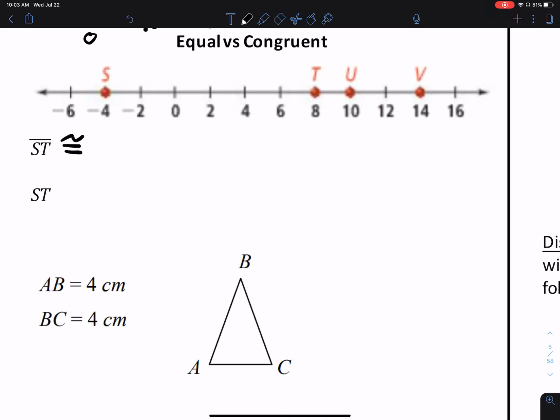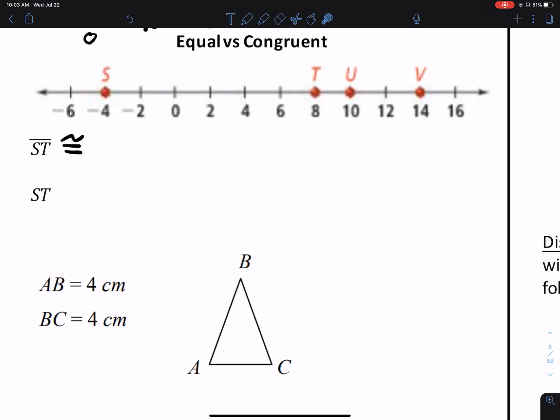Is there another segment in this that is congruent to segment ST? ST has a length of 12. It's got 4 on this side and 8 on this side, that's 12. Is there any other segment on here that has 12 in length? There isn't one that is named.